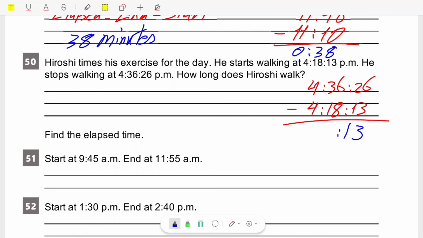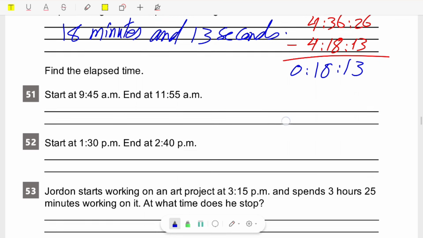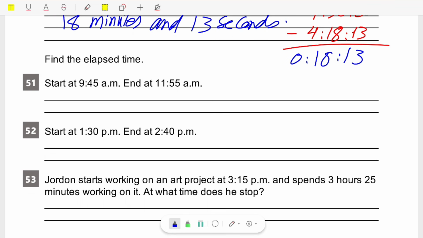And 36 minus 18 equals 18, and it will be 0. So now the elapsed time here is 18 minutes and 13 seconds. Okay, let's go to the next one.